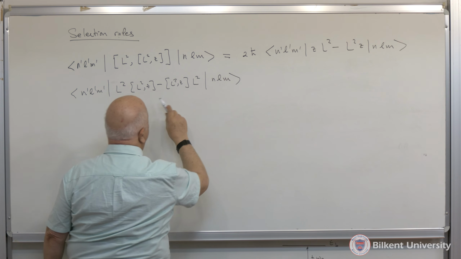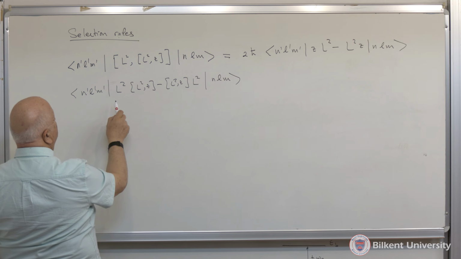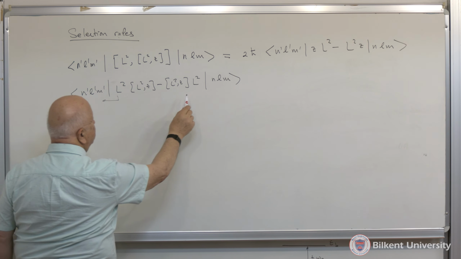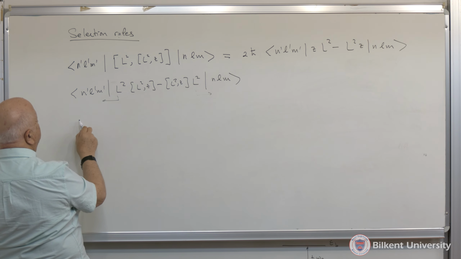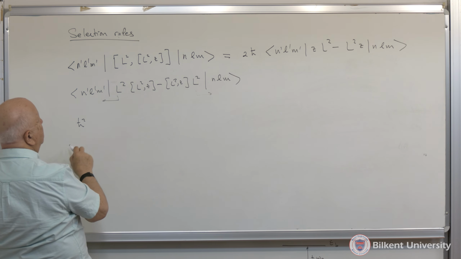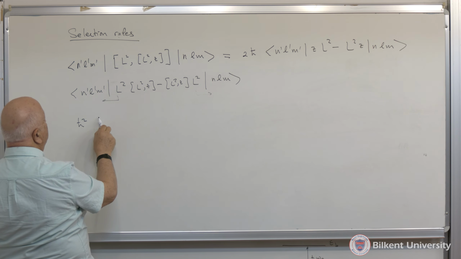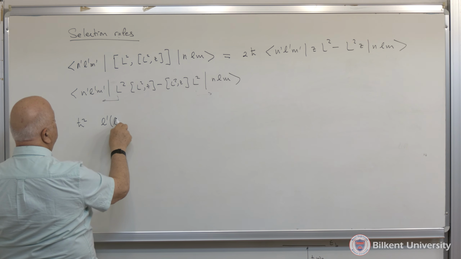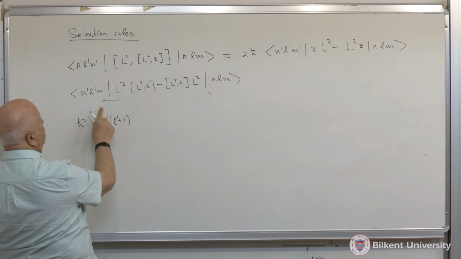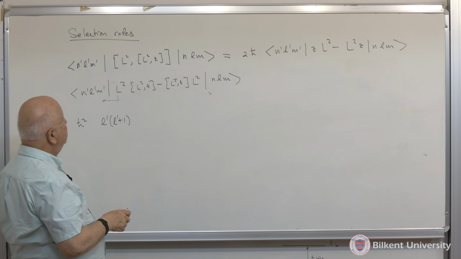So let me work out the left hand side first, and then we'll look at the other side. So L squared working towards the left, operating to the right, is going to give me what? h bar squared, right? And l prime plus 1 is the eigenvalue that I get from that.